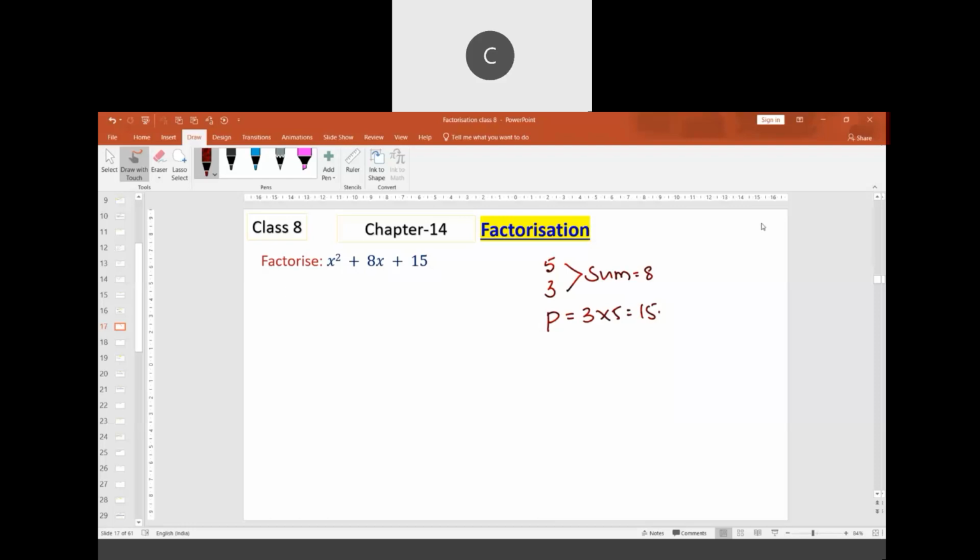Chinmay is speaking something. Yes, Chinmay? Can we do in this method by taking 5 and 3? Yes, sir. We can do, sir.